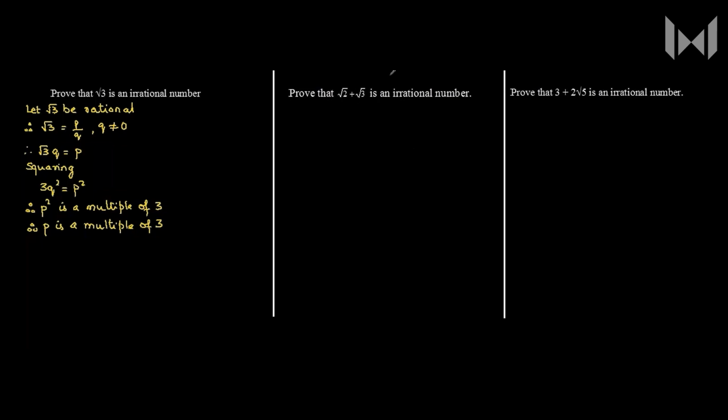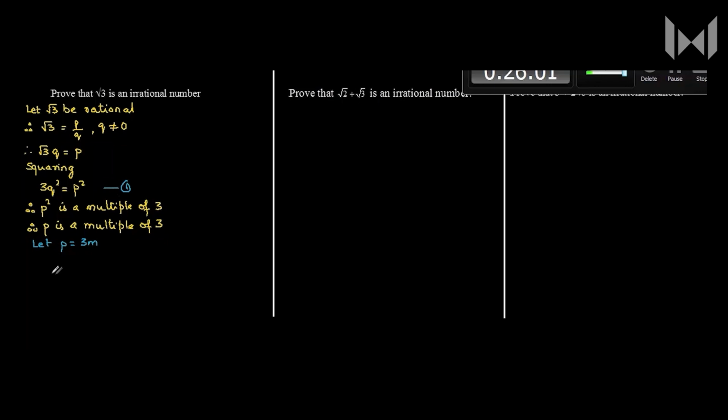Now let p be equal to 3m. We substitute in the first equation, and therefore 3q square is equal to 3m the whole square. That is 3q square is equal to 9m square. So you have q square is equal to 3m square, and this again implies q is a multiple of 3.